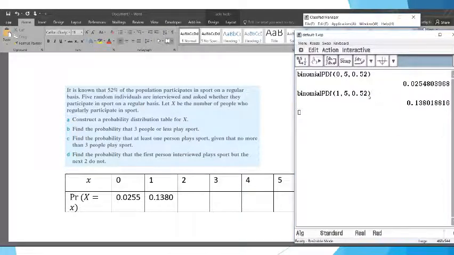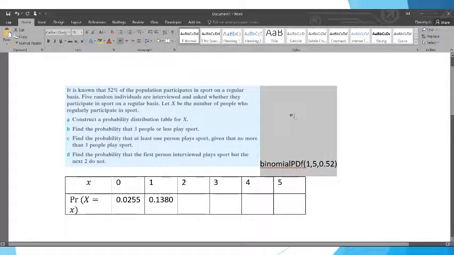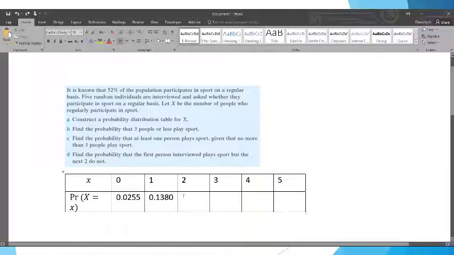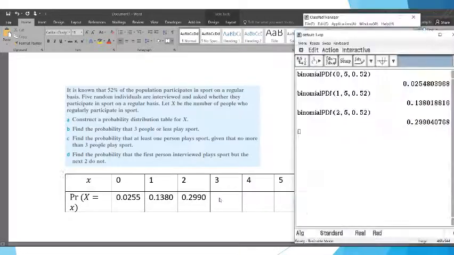And then you just repeat the process. So for 2, 0.2990. Now, you might ask, why am I not using the other function, combinations? Well, you can see this is a lot quicker.